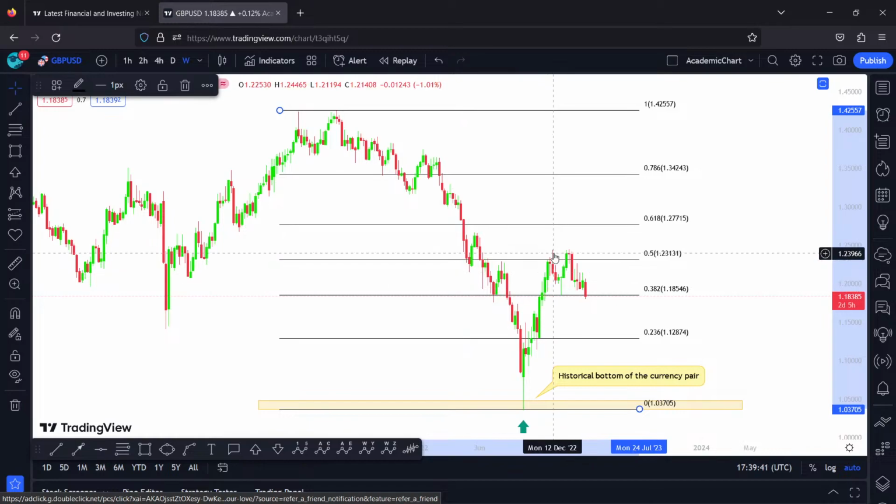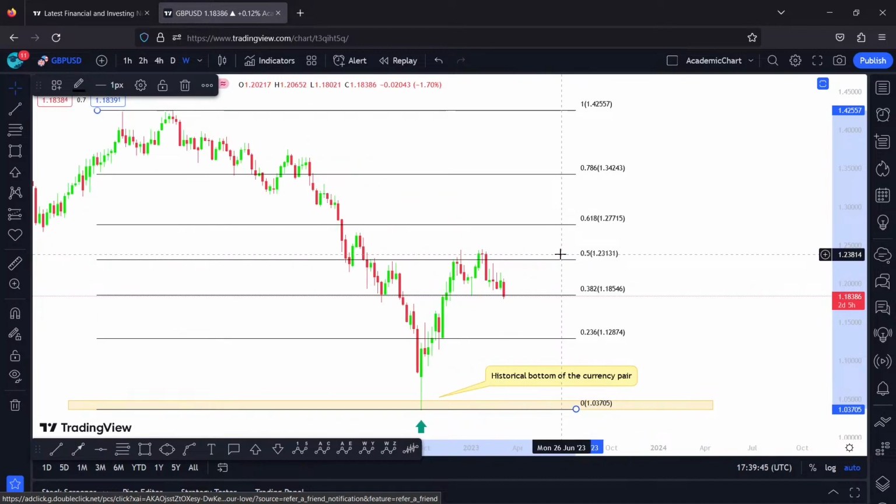We can see that we are almost seeing a double top here. I will get back to that, but it seems that this correction, which is a bullish correction of this impulsive downtrend, has almost corrected the whole wave by 50%, which is a remarkable amount of correction.